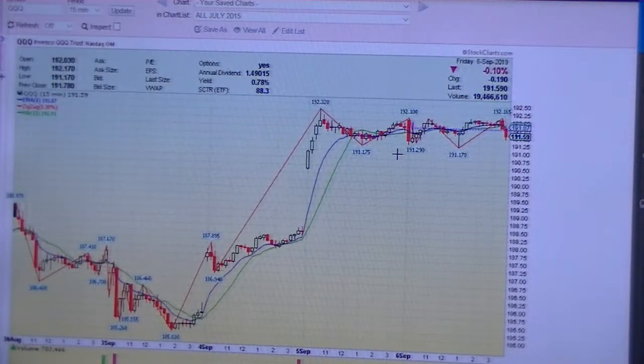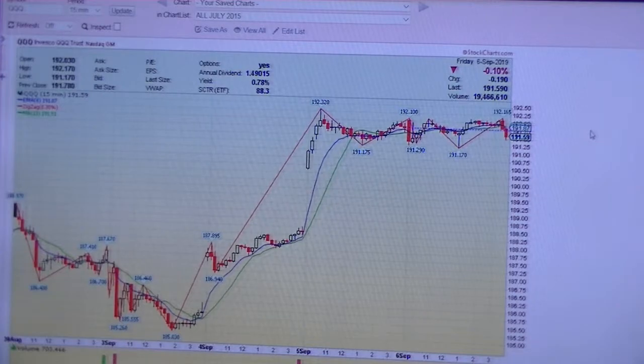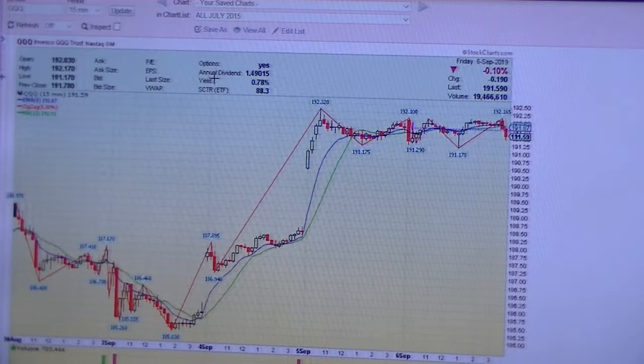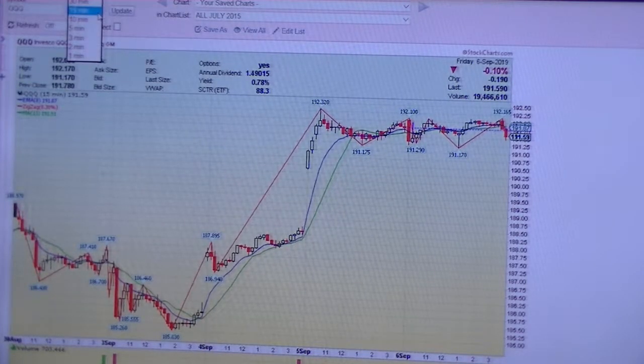Let's see what support and resistance looks like. Support and resistance can be found on all types of time frames. So let's start out with looking at long-term support and resistance.